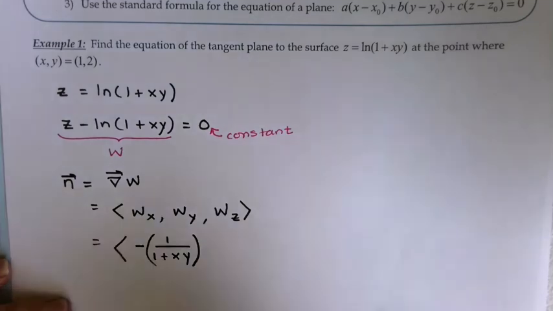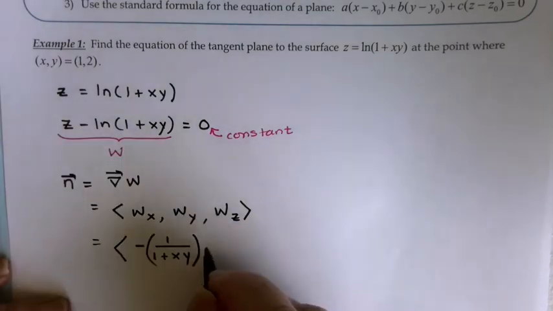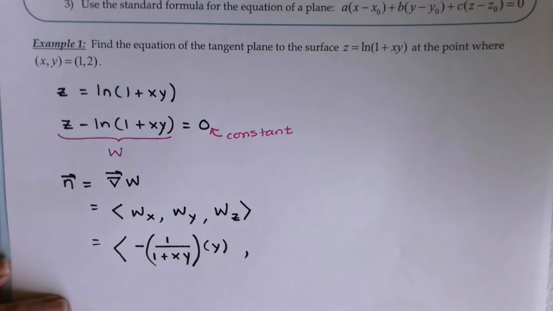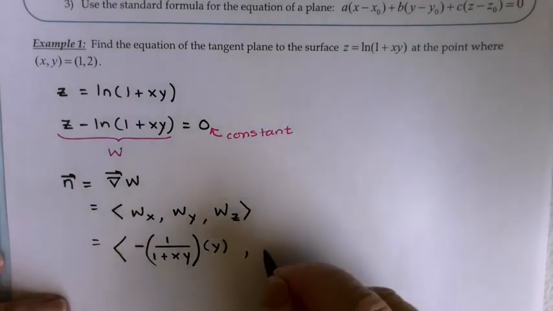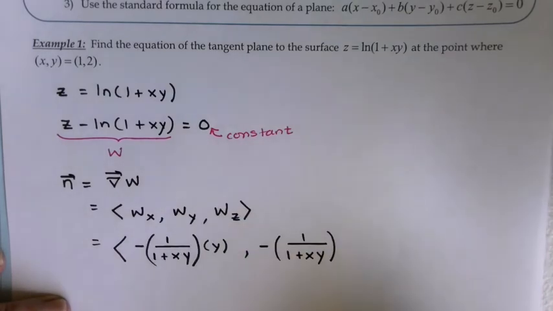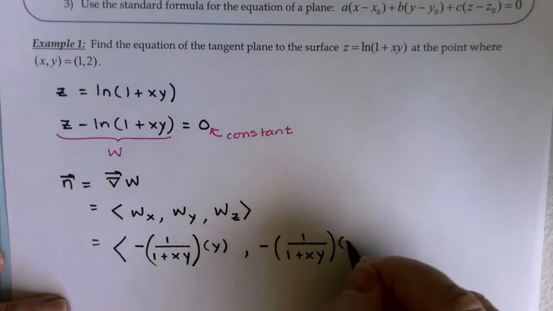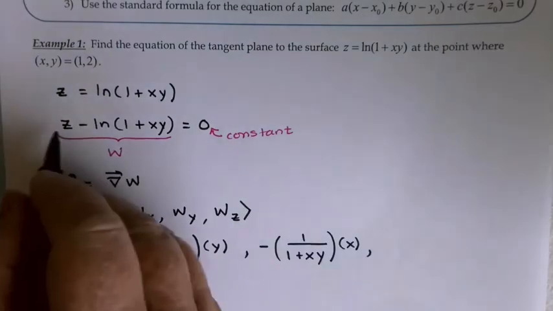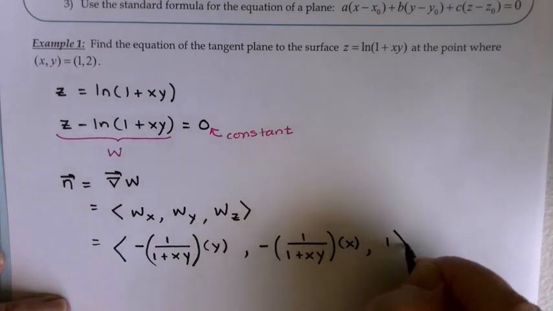And then chain rule on that, the derivative of the inner function would just be y. For the derivative with respect to y, basically the same idea. Start with negative and then 1 over 1 plus xy. But my chain rule on this one would be x. And then the derivative with respect to z, nice and simple, it's just 1.